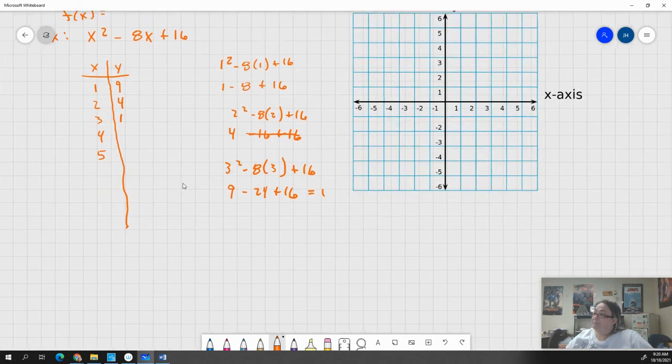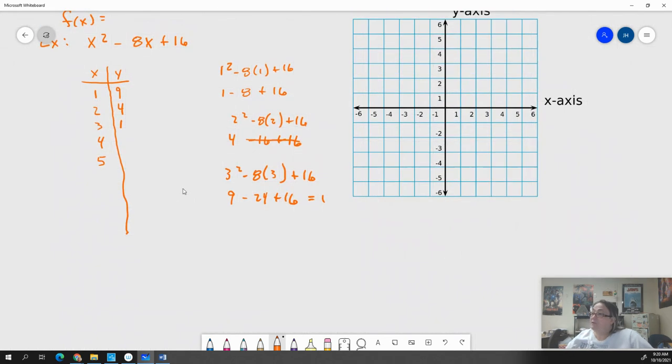Look, I need more room. If I do 4 squared, right? If I plug in 4 for x, I've got 4 squared minus 8 times 4 plus 16. Well, 4 squared is 16. Negative 8 times 4 makes negative 32. I wanted to write the 2 before the 3, but it's negative 32.